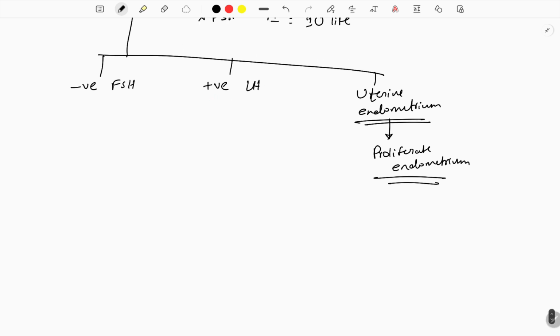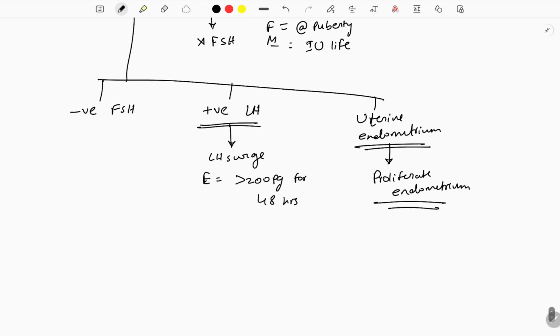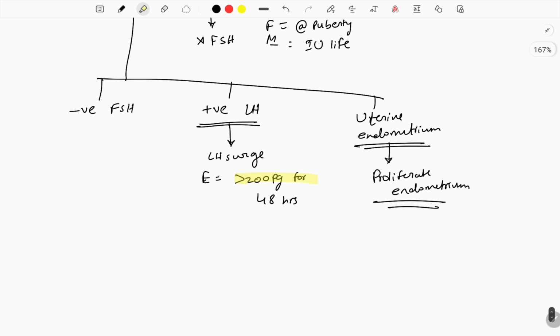Now what it does by having a positive feedback on LH, it induces LH surge when the estrogen levels are more than 200 picograms for 48 hours. All of this is very, very important.